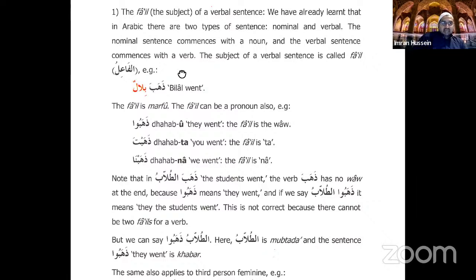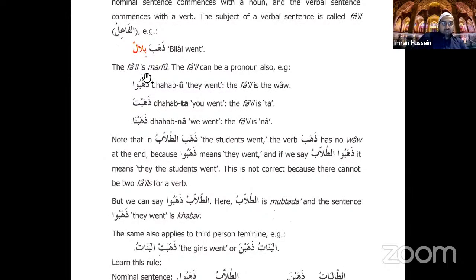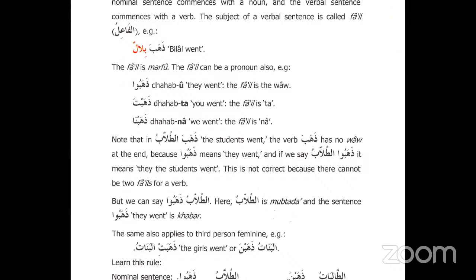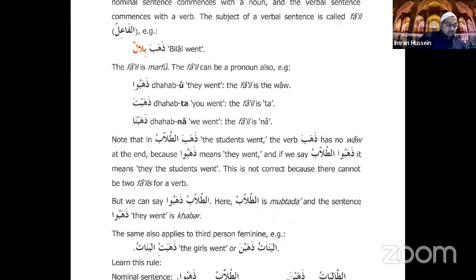So it says the fa'il is marfu. The fa'il can be a pronoun also. So dhahabu. When you say dhahabu, who did the action? They. Exactly. So the waw here is a suffix attached to the verb, which represents who performed the action.